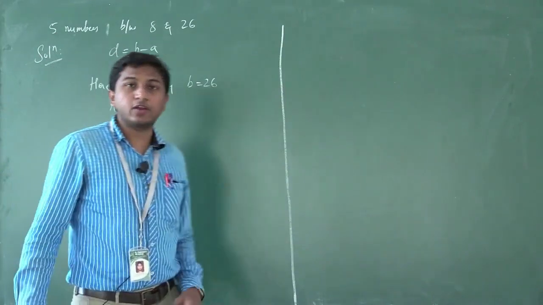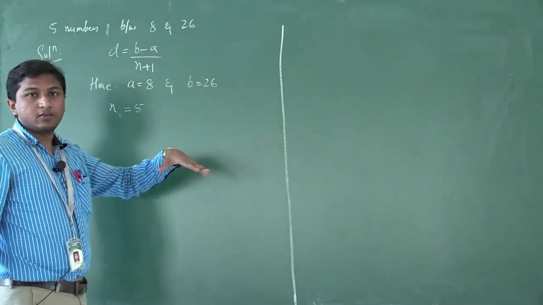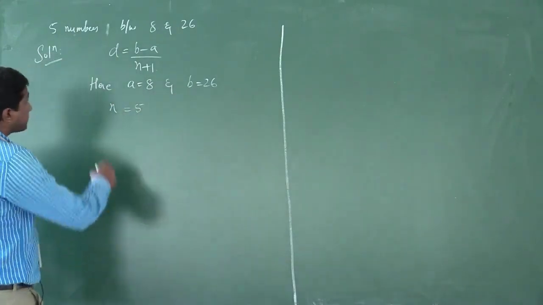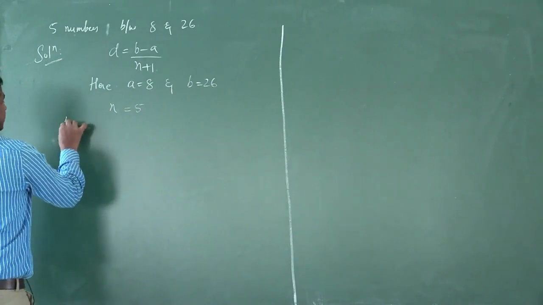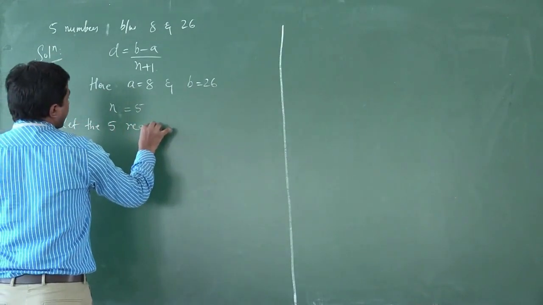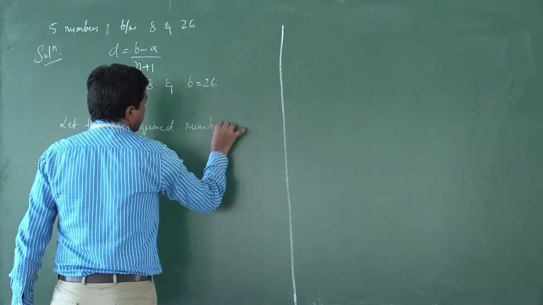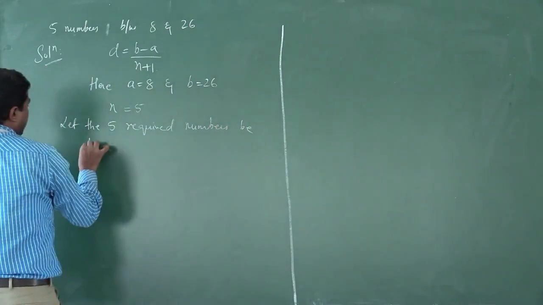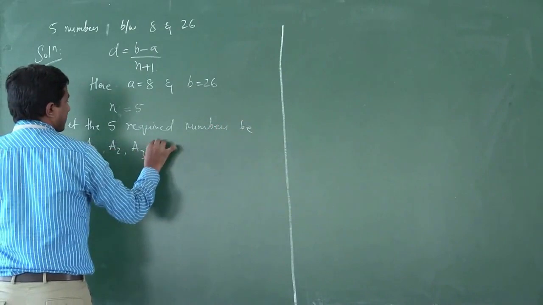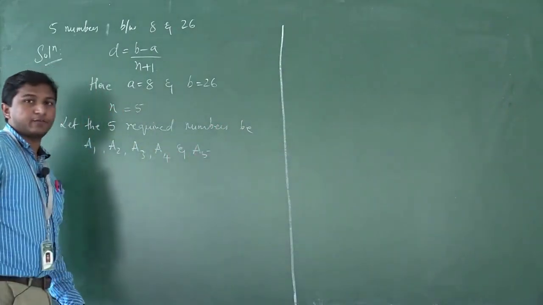So first we will find out the common difference d using this formula, then we are going to find out the corresponding terms. Also, let the 5 required numbers be A1, A2, A3, A4 and A5.